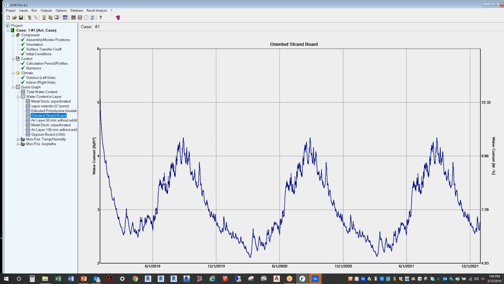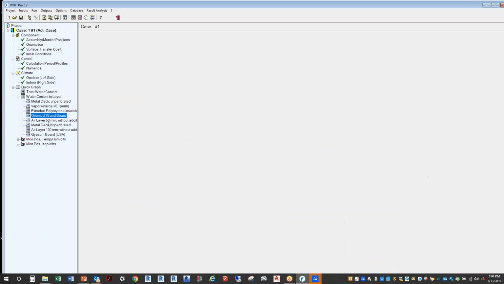There's our strand board. It's gaining moisture. It's definitely getting some moisture, but it's not going up to 12%. It's just barely over 9%, but it dries back down to, you know, 6%. So there's not a constant elevation in moisture content. That would be considered performing well.